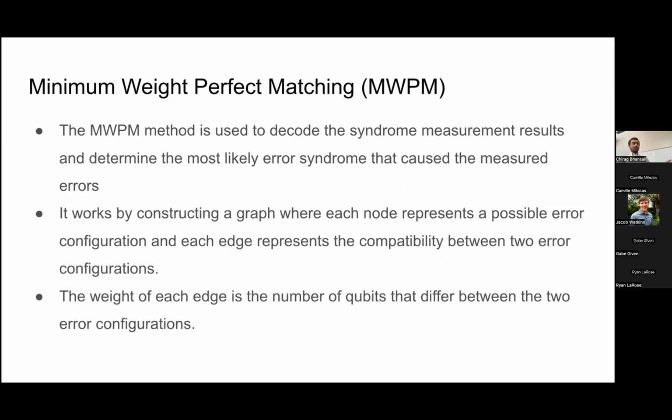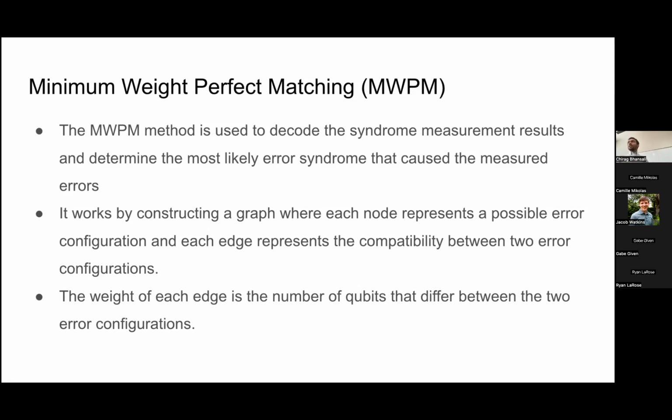So in the next few slides, I'm going to focus on minimum weight perfect matching. It's going to be a bit text heavy as I'll explain certain terms, and then there are going to be some images that will make it clear what I'm talking about. This method is used to decode the syndrome measurement results and determine the most likely error syndrome that caused the errors. It works by constructing a graph where each node represents a possible error configuration, and each edge represents the compatibility between two error configurations.